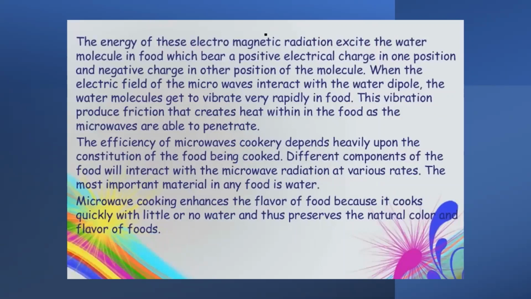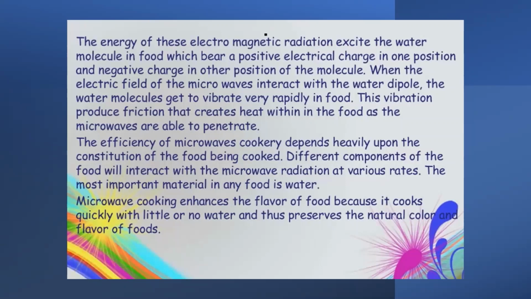The energy of this electromagnetic radiation excites the water molecules in food, which bear a positive electrical charge in one position and a negative charge in another position of the molecule. When the electric field of the microwaves interacts with the water dipole, the water molecules vibrate very rapidly. This vibration produces friction that creates heat within the food, as the microwaves are able to penetrate.